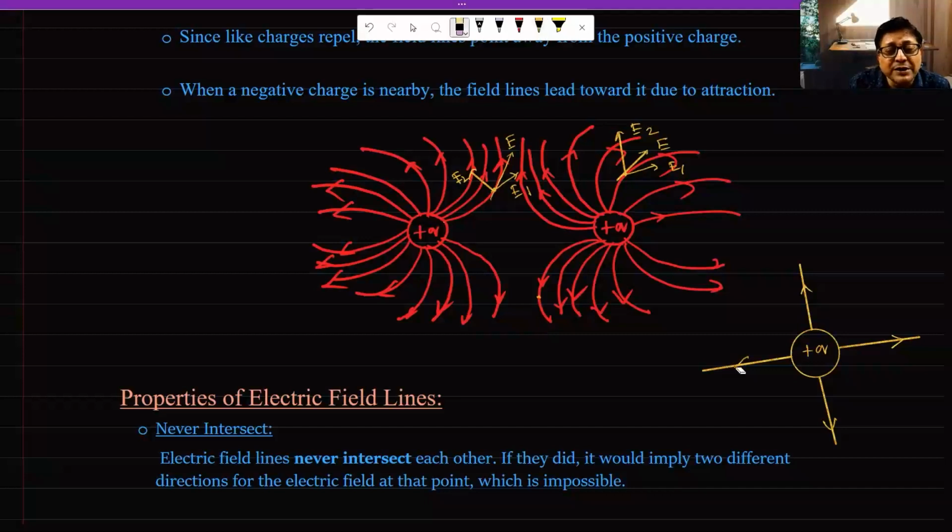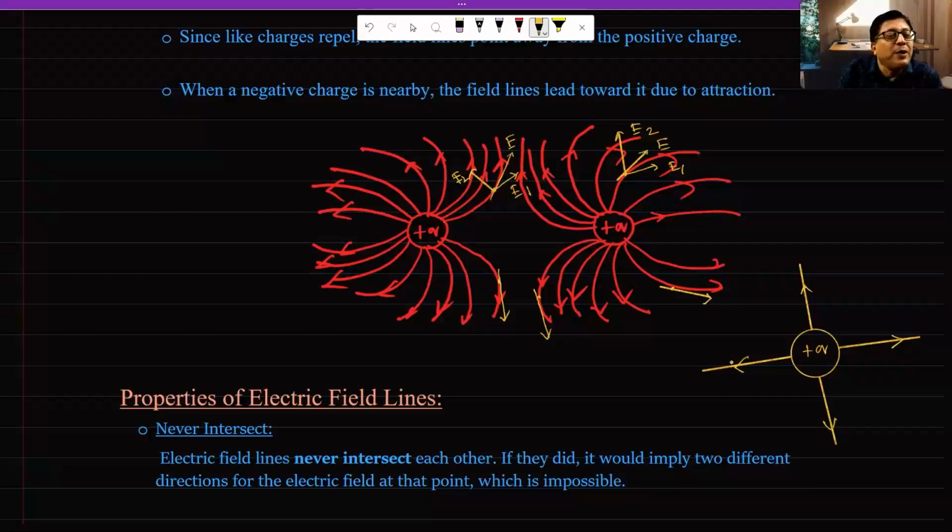At this point, if we draw the electric field, it will be directed in the tangential direction. At this point, it will be directed in the tangential direction. At this point, the field will be directed in the tangential direction. Okay? So, two important concepts we have learned so far. That field can be represented pictorially.